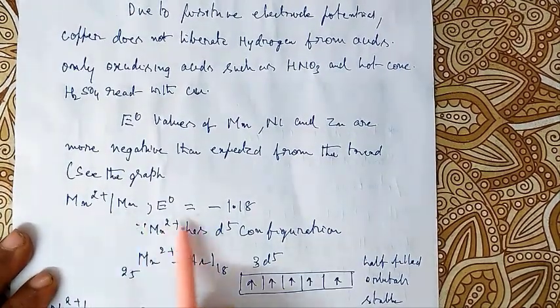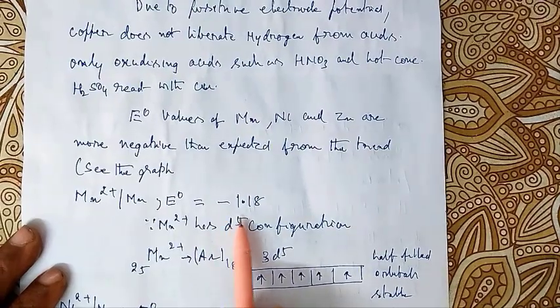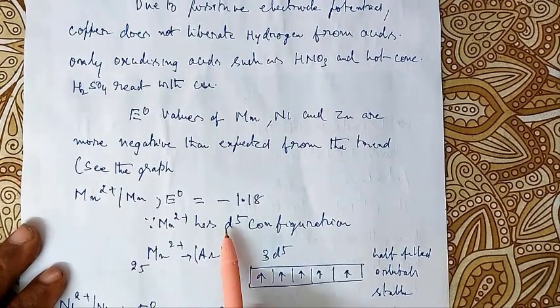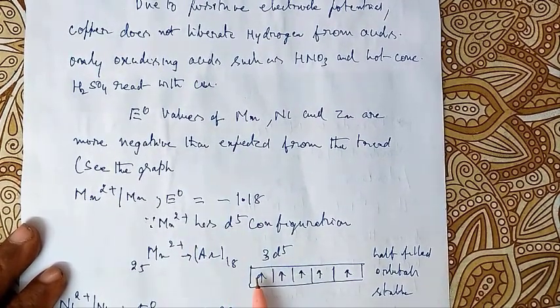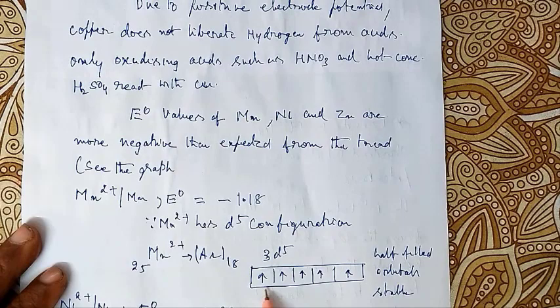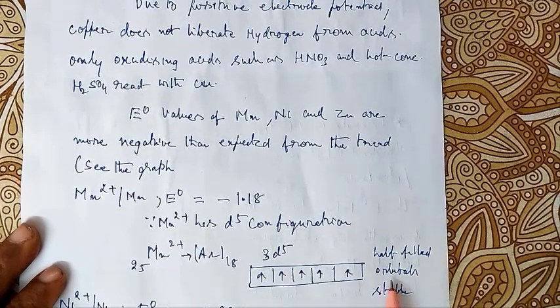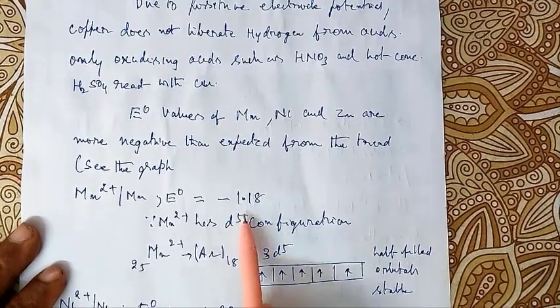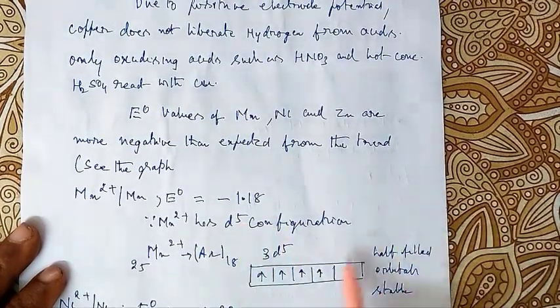M2+/M E0 value for Mn is minus 1.18. This is because after losing 2 electrons, manganese gets all 5 unpaired electrons in d orbitals, therefore it gets stability. So the higher the stability, the lower the electrode potential, or vice versa.